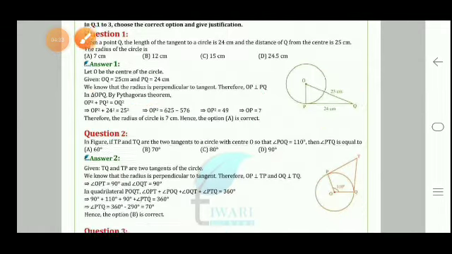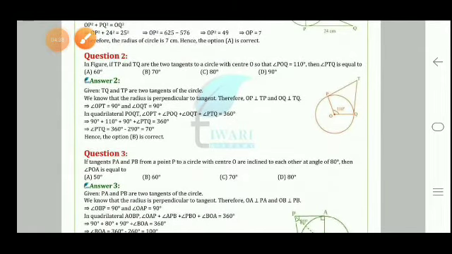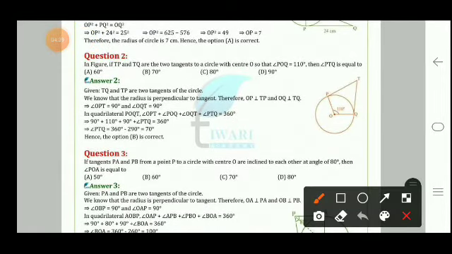Now in question number 2, in the figure, TP and TQ are the two tangents, and the angle at the center is given as 110. We have to find the value of angle PTQ. As we all know, angle P and angle Q are both 90, both perpendicular, because the radius is perpendicular to the tangent at the point of contact.